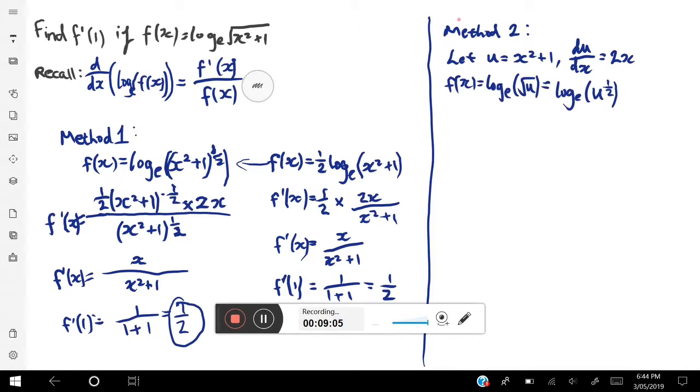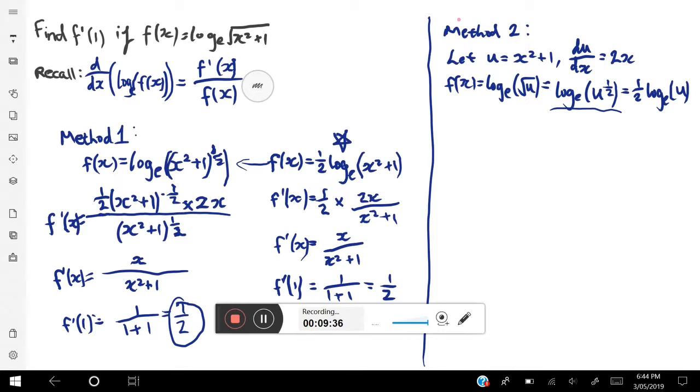Of course you can go again and rewrite that as a half log e of u. This would actually be a lot easier to solve. It's your choice. You can also go straight from this function right here if you want. It doesn't really matter, just whichever way is easier for you.